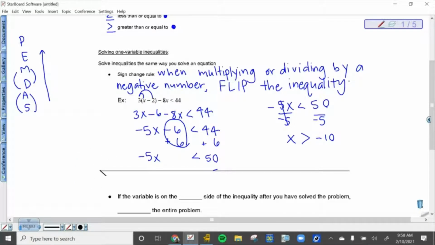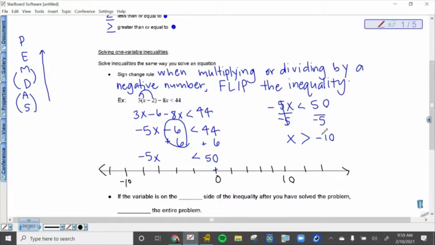I have my number line here. I'm going to put 0 in the middle, and I'm going to count by 2s. This is negative 10. It's positive 10.